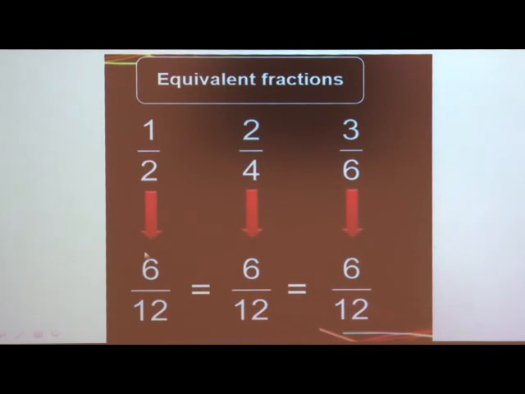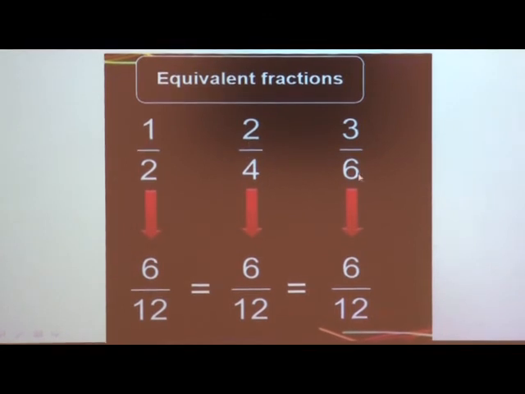So it is 6 upon 12. All are equal, or all are equivalent. In short, we can say that 1 upon 2, 2 upon 4 and 3 upon 6 are equivalent fractions.